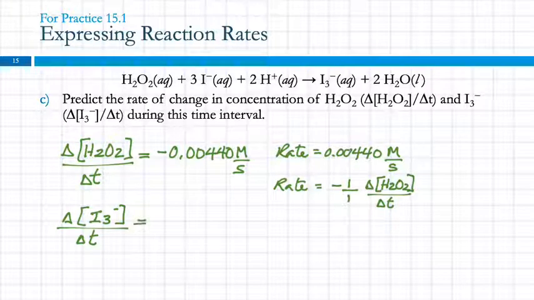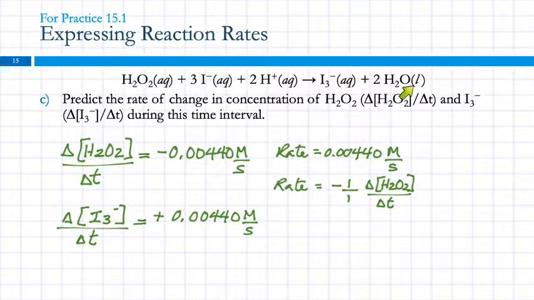So what's the change for the I3 minus? Well, is it disappearing or appearing? It's appearing. So this one is positive. I'm going to put a plus there just to emphasize that, because we're making this one, it's on the product side, and we're destroying the H2O2.